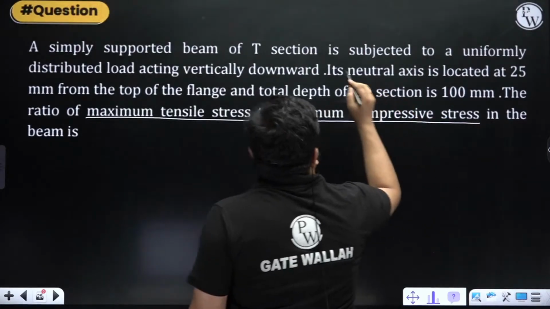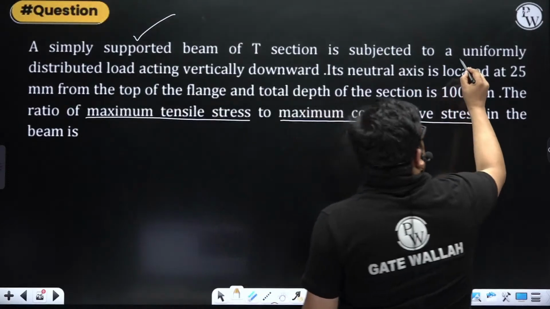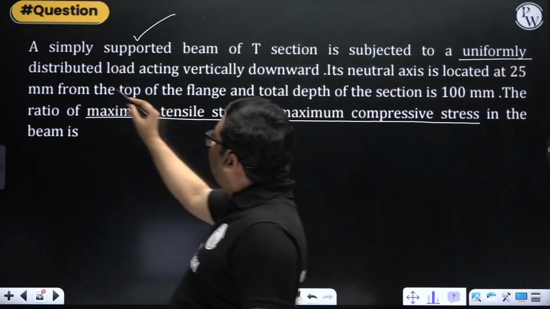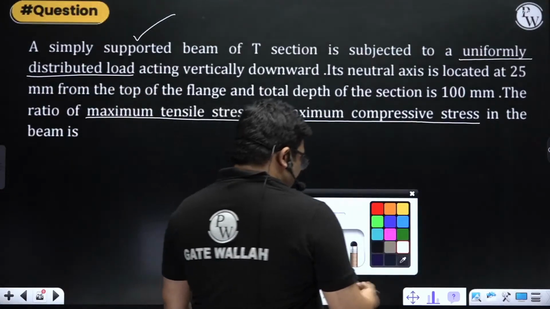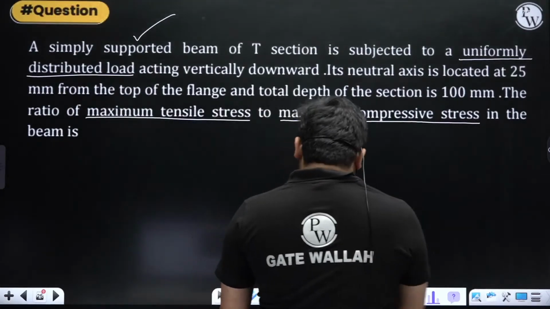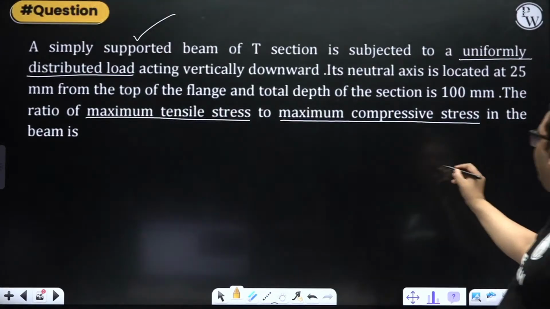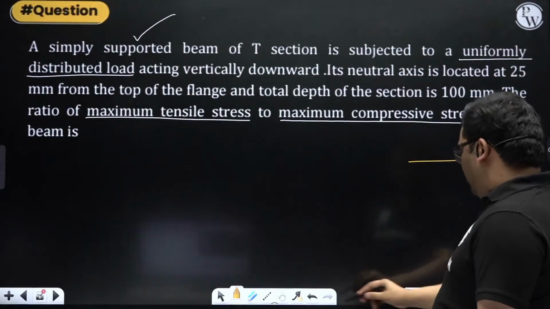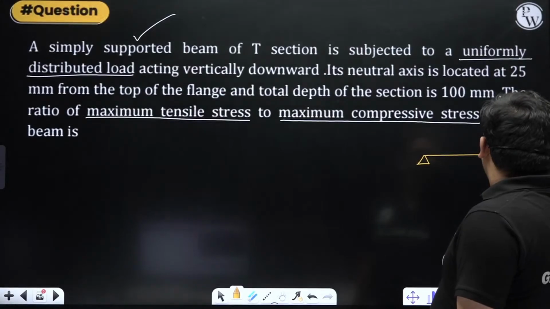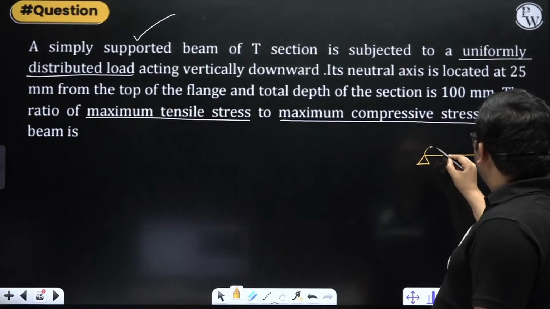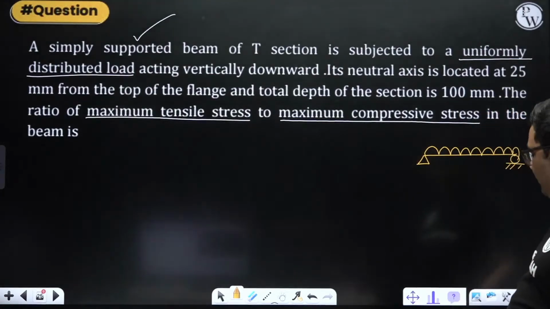Now see, it is written as a simply supported beam subjected to a uniformly distributed load. If it is subjected to a uniformly distributed load, then the bending moment will always be positive, na? Right? If a simply supported beam is subjected to uniformly distributed load, the bending moment everywhere is positive only.